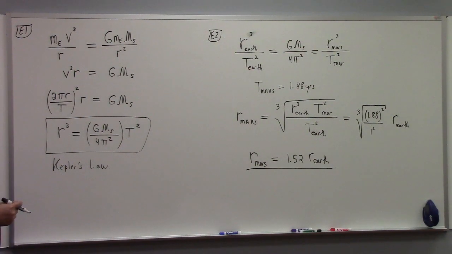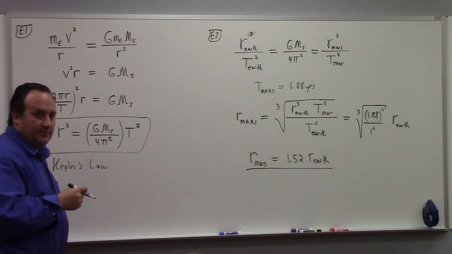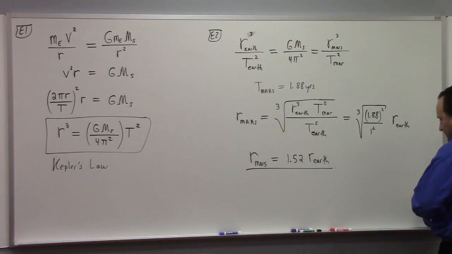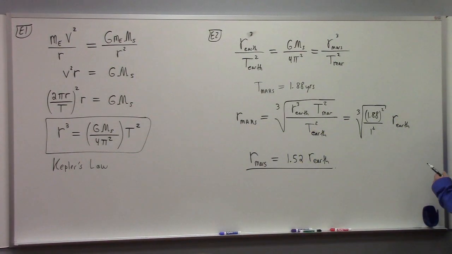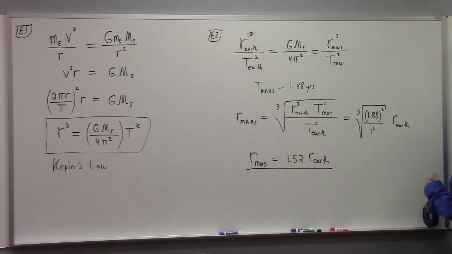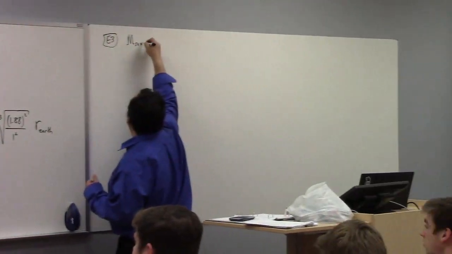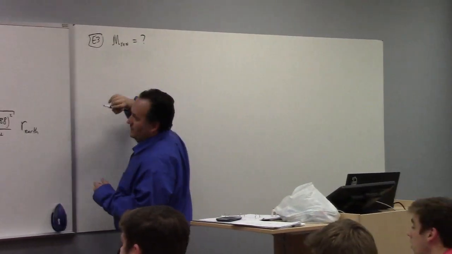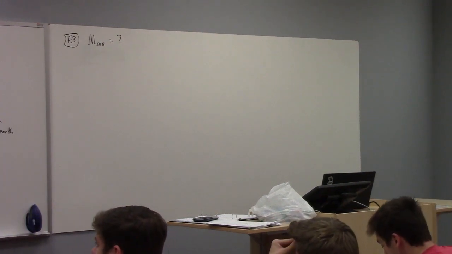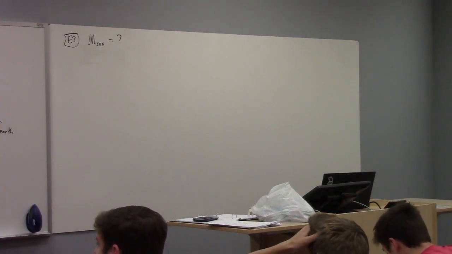So we could figure out the mass of the sun from some of this data. How would we do it? What's the mass of the sun equal to? Let's work it out. Well, notice that we have this formula right here, right? We can solve Kepler's law for the mass of the sun.